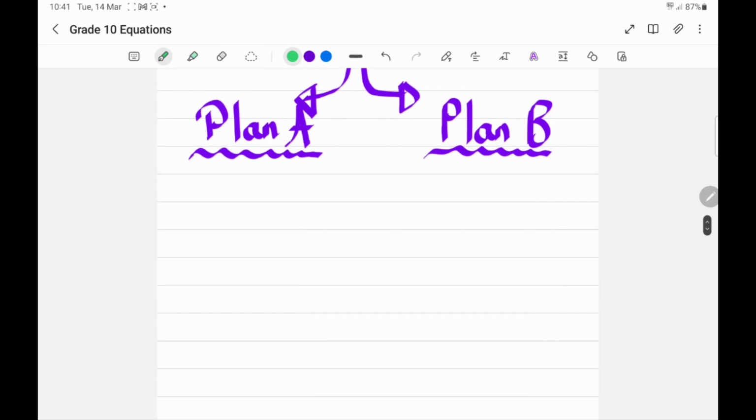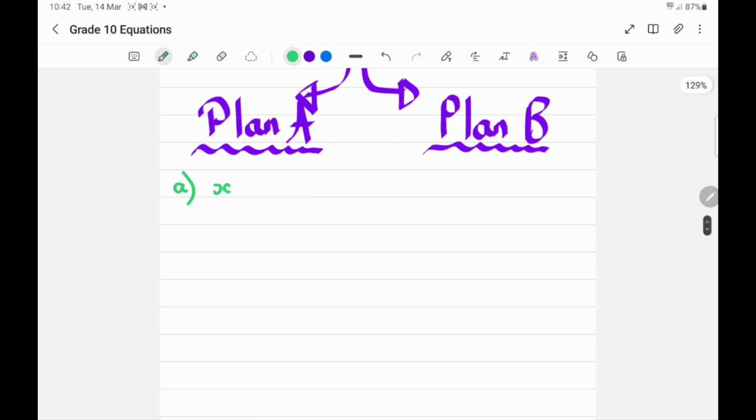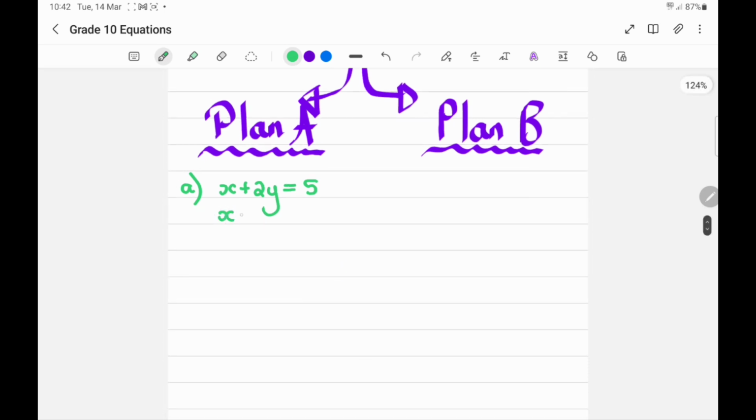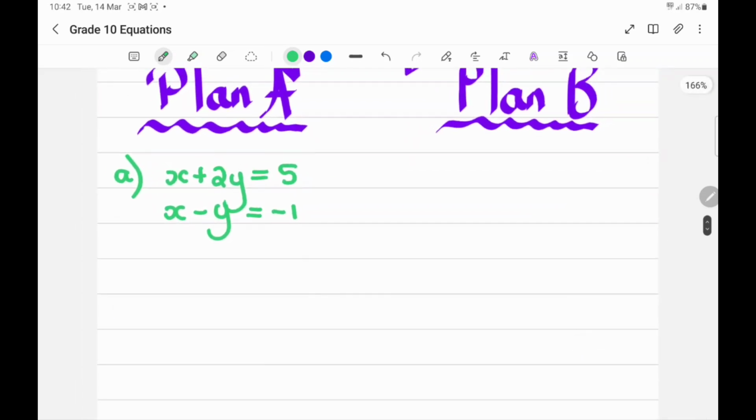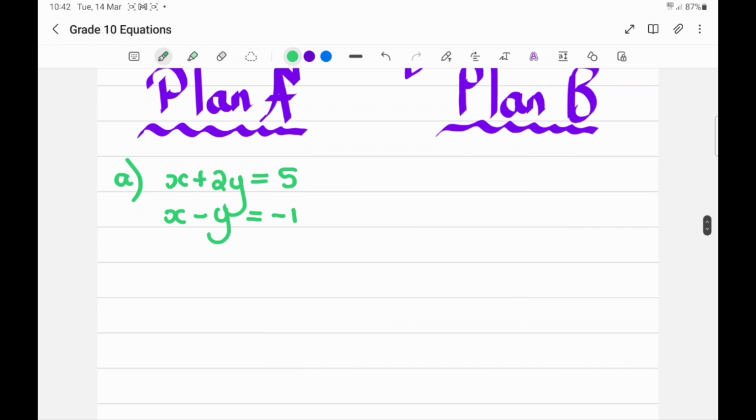All right, so having two simultaneous equations, meaning that we've got two variables, meaning that we've got two equations given to us. All right, so let's have a look at plan A. So if I give you that x plus 2y is equal to 5 and x minus y is equal to negative 1, we can manipulate one of these equations to get x alone, so that we've got x in terms of y, or y in terms of x.